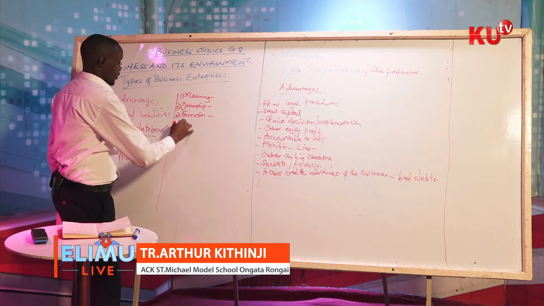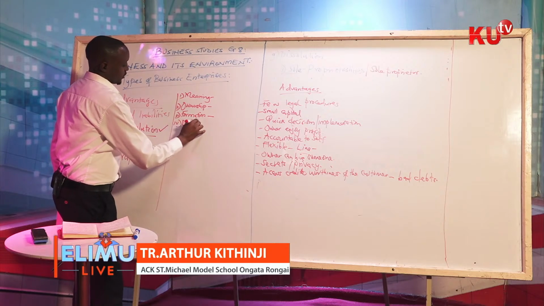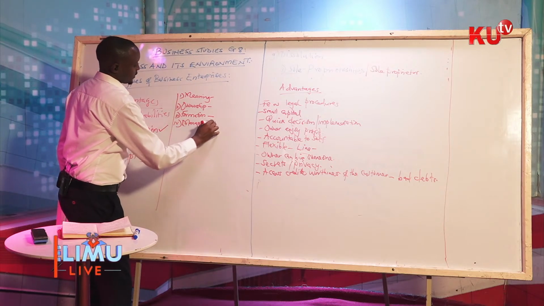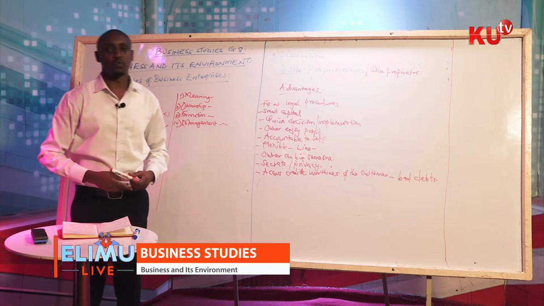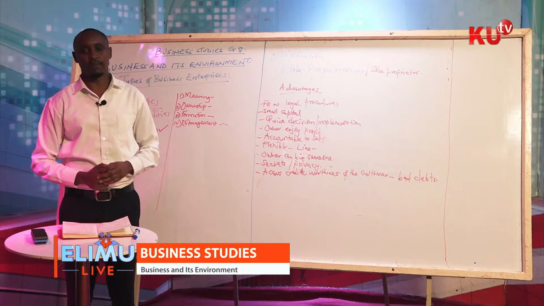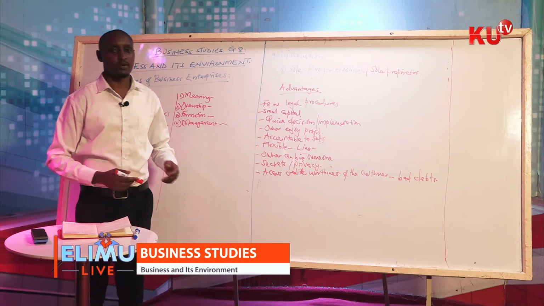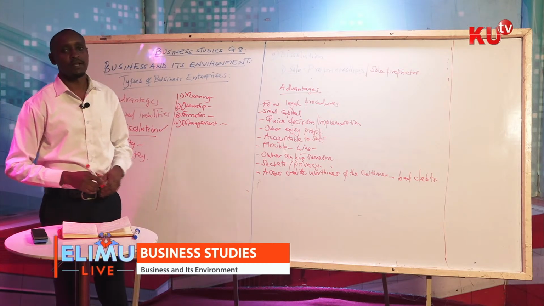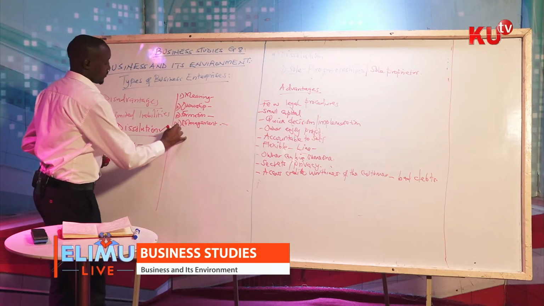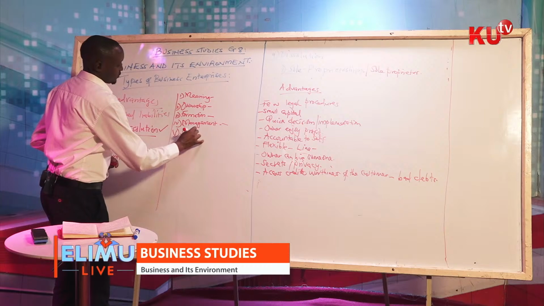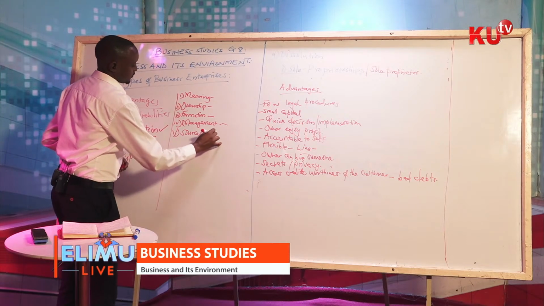And then ownership, we have talked, management. We have said that the sole trader is the one that manages the sole proprietorship. They could also get help from a family member, or they could hire somebody to run it. But they are solely responsible for failure or success of the business. And number 5, we have looked at sources of capital, quite a number.